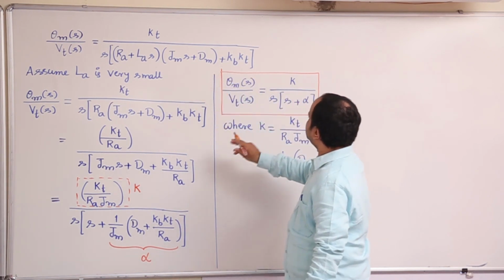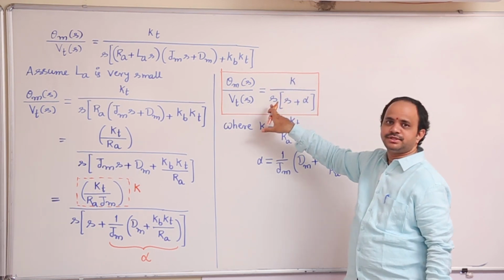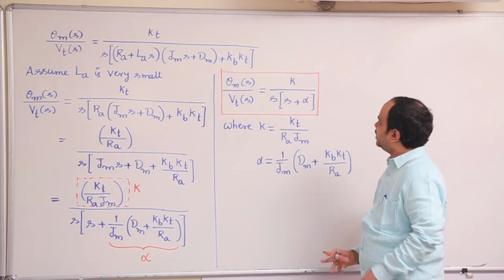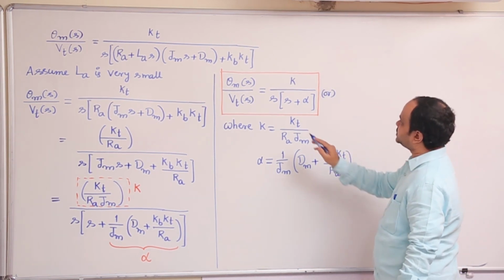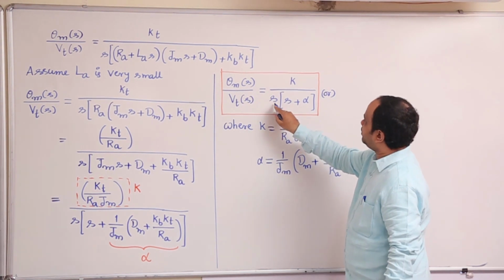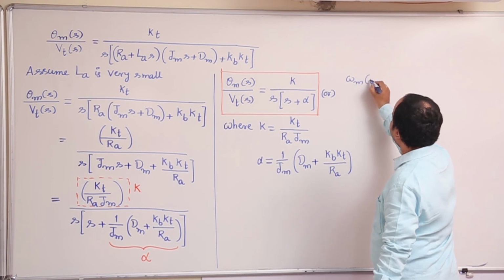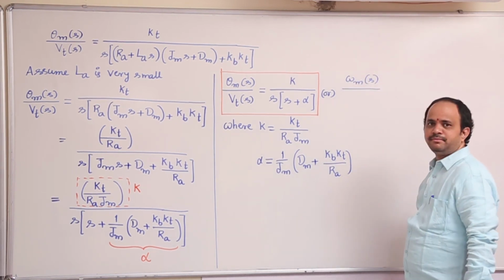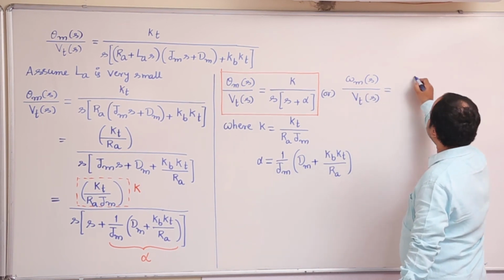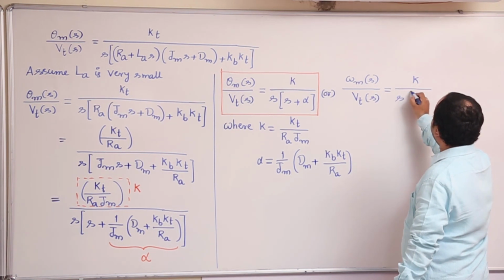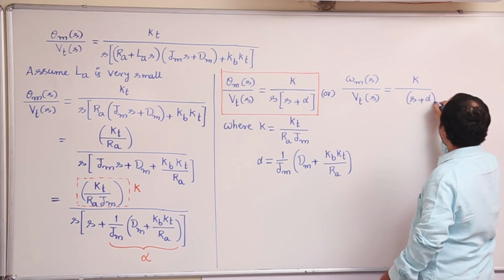In most of the control system analysis, we will come across this type of transfer function, k by S into S plus a or S plus alpha. For example, if we are analyzing a speed control system, you can get omega by cross multiplying S into theta m of S. That can be written as omega m of S divided by Vt of S is equal to k by S plus alpha.